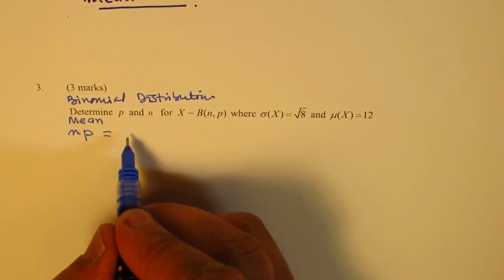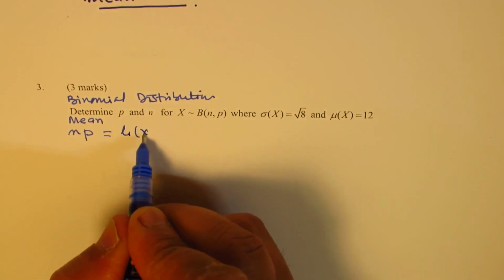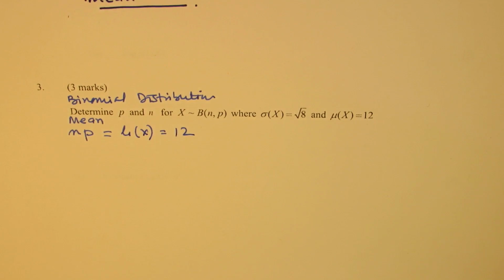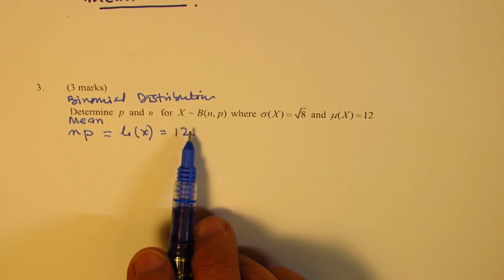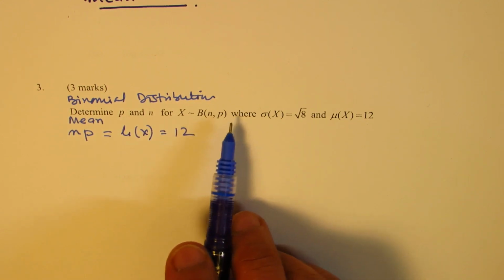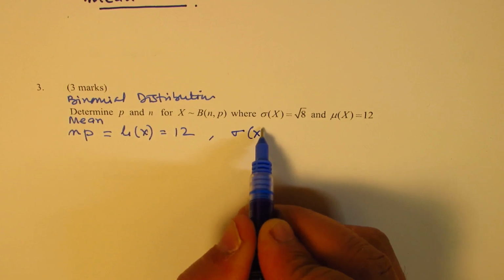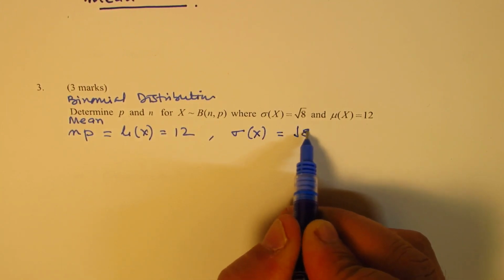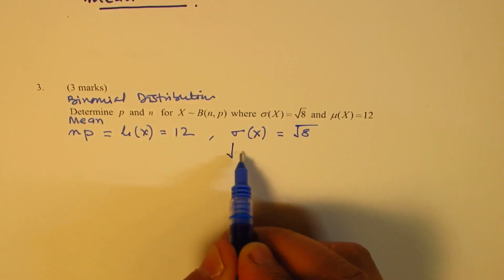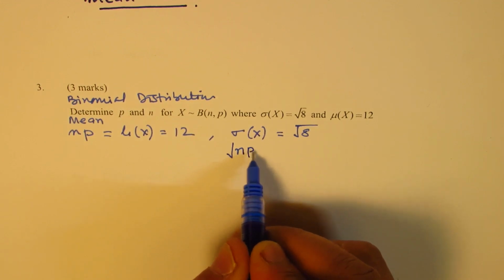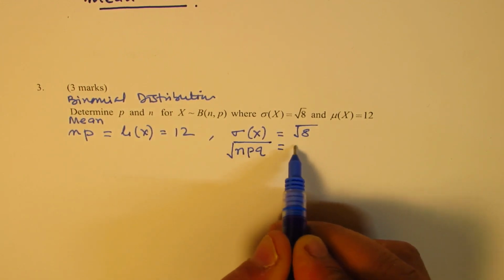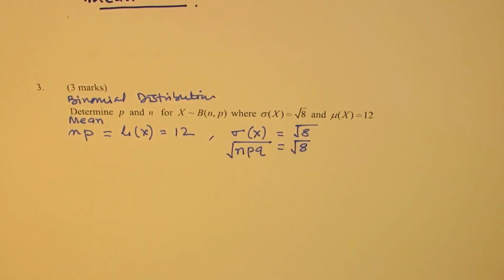That becomes one equation for us. The second equation is the standard deviation, which is equal to square root of 8. So that means square root of NPQ is square root of 8, correct?